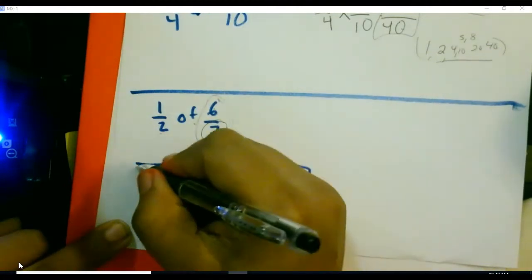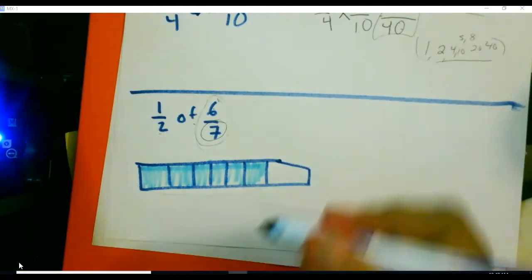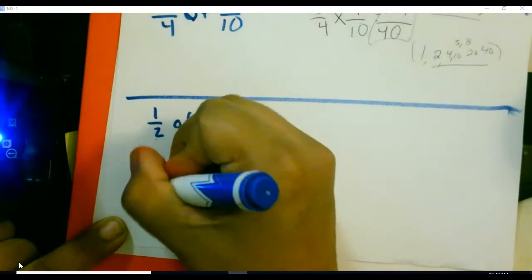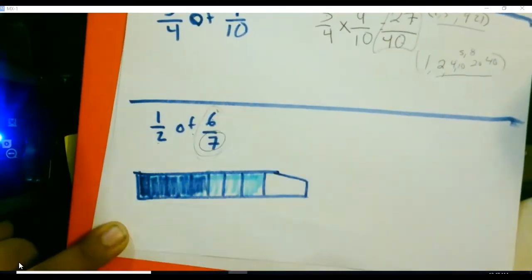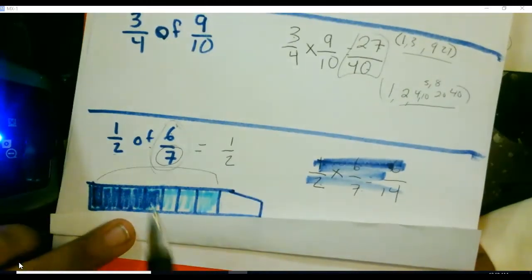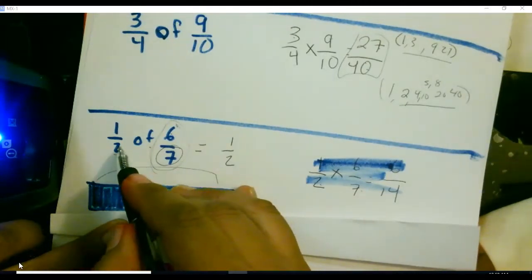So if I split the 6 in half, half of 6 is 3, right? So I'm going to go ahead and shade 3. So I shaded 3 out of 6 because I only wanted to shade a half.